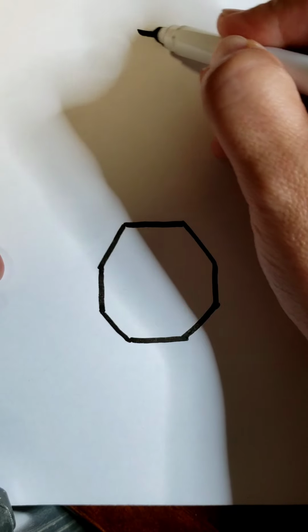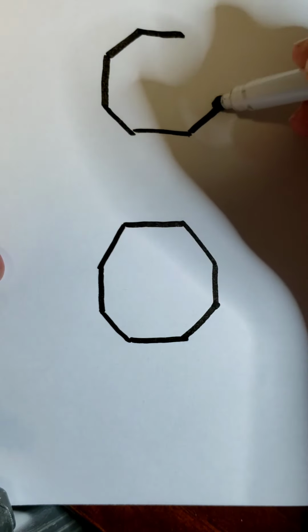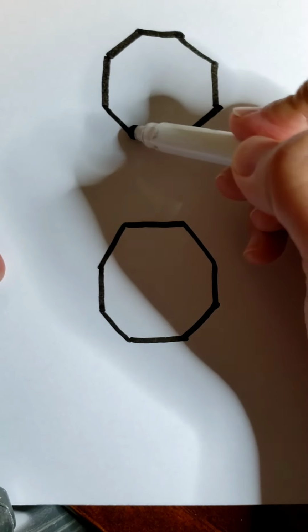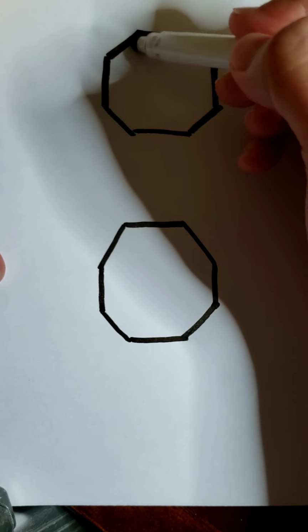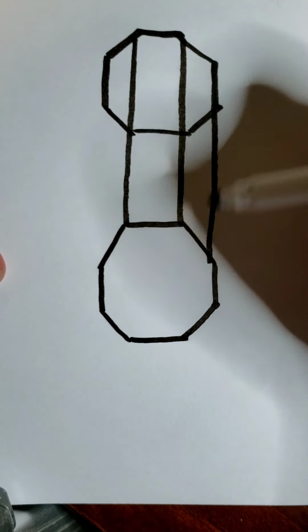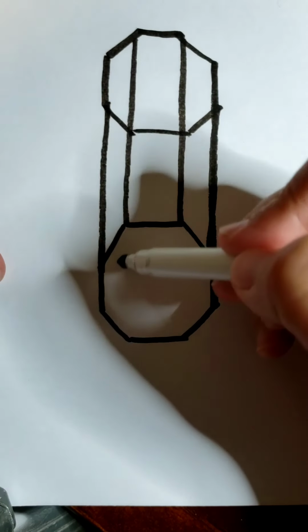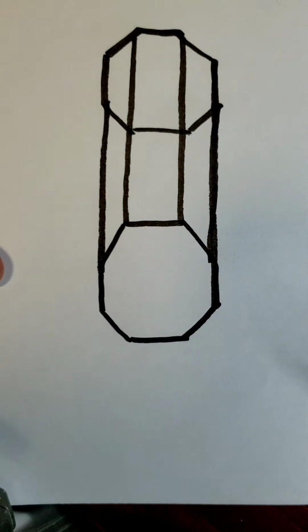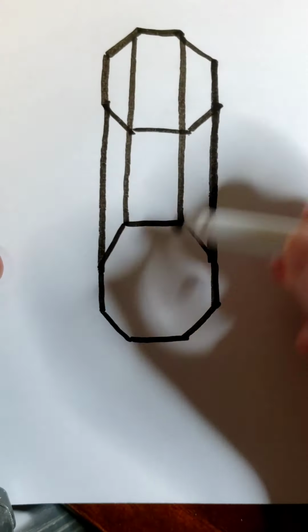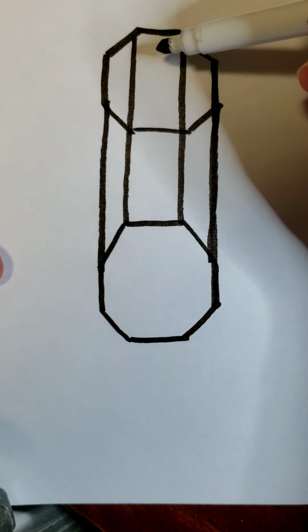So what if I drew another octagon up here and then connected the parts kind of like that? It looks pretty cool. All right, so I want you to picture this three-dimensional. You got an octagon in the bottom, you got an octagon on top.